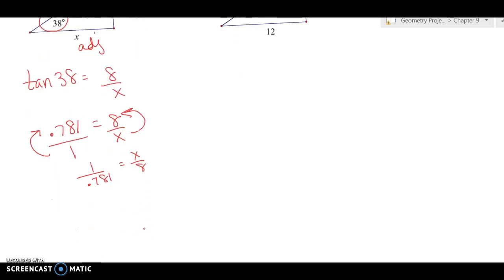To get rid of a divide by 8, I'm going to times by 8. And so now it's 8 times 1 divided by 0.781. So essentially it becomes 8 divided by 0.781, which gives me 10.24.